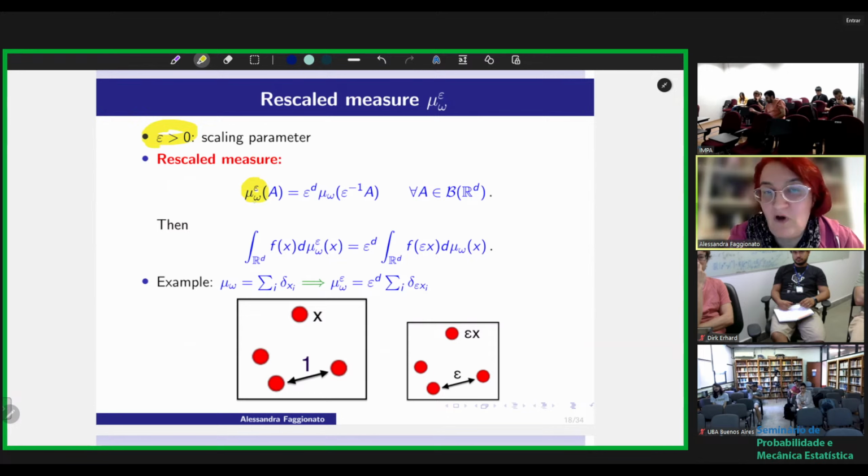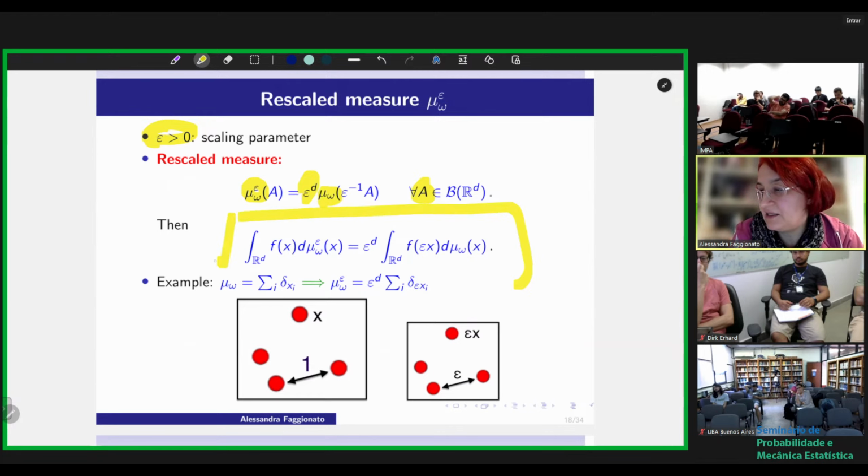So mu epsilon of omega of a set A is equal to epsilon to the d times the measure mu omega of the dilated set A divided by epsilon. With this formula, we have this identity. When you integrate an observable f with respect to the rescaled measure, this is exactly as doing the following: you take epsilon to the d, and then you integrate f of epsilon x with respect to the original measure.